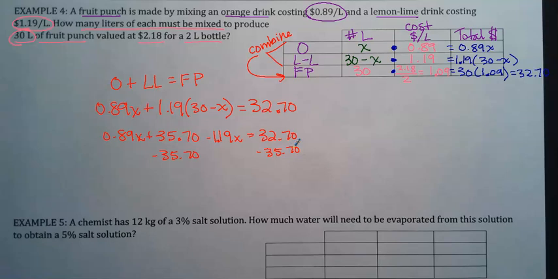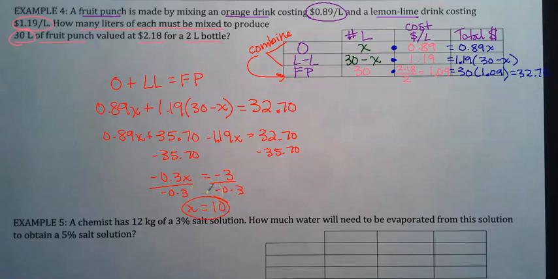We're going to combine some like terms. So 0.89x minus $1.19x is negative 0.3x. And that's going to equal 32.70 minus 35.70, which is negative 3. We're going to divide by negative 0.3 on both sides and get x equals 10.